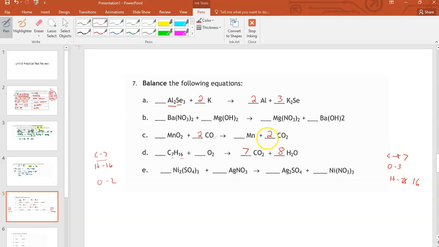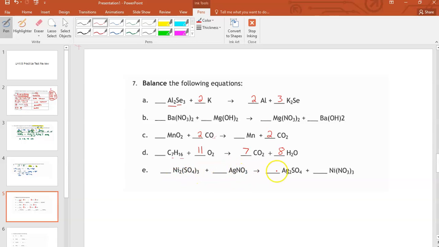Okay. Now, let's count up how many oxygens I have on my right-hand side. I've got 14 plus 8, which makes 22. All right. I can turn this into a 22 by putting an 11 there. And we're balanced.